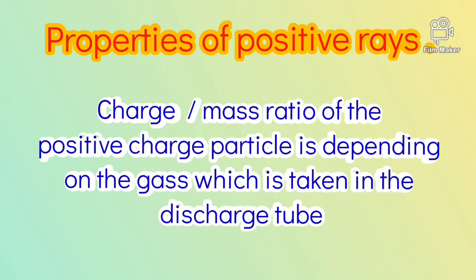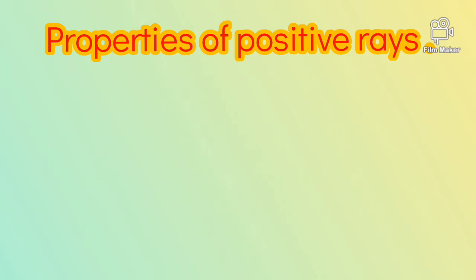Second property, the charge to mass ratio of the positively charged particle depends on the gas which is taken in the discharge tube. That means the mass of the positively charged particle depends on the gas which we use in the discharge tube.